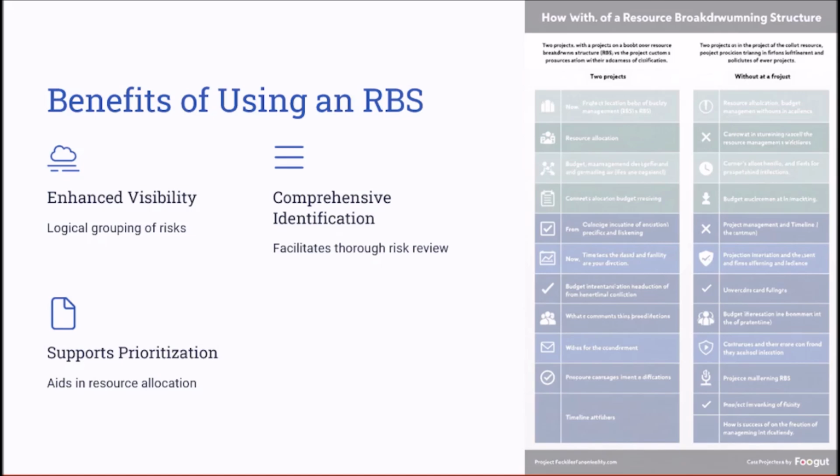Finally, the RBS supports prioritization efforts by helping project teams focus on high-risk areas and allocate resources more effectively. This structured approach not only simplifies the risk planning process, but also strengthens the foundation for successful risk management throughout the project lifecycle.